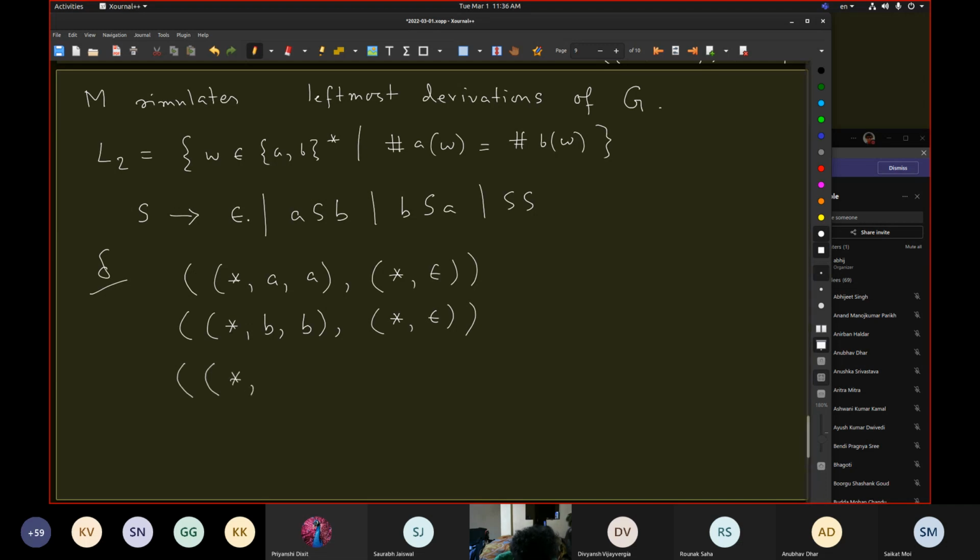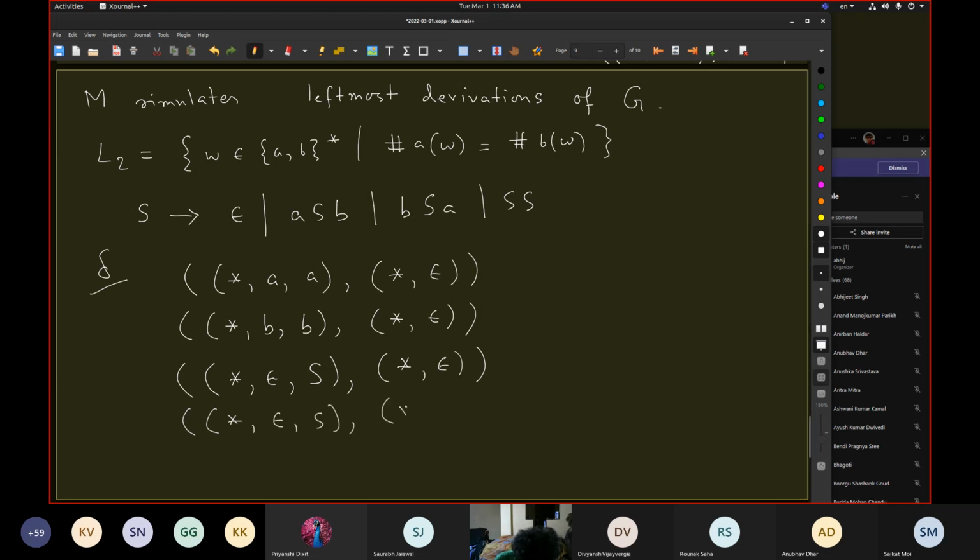Otherwise, now I have to handle these 4 rules. So I will have 4 transitions. These are epsilon transitions. If S is sitting on the top of the stack, I will replace that by the right side. The right side is epsilon here. So there are 3 other things.